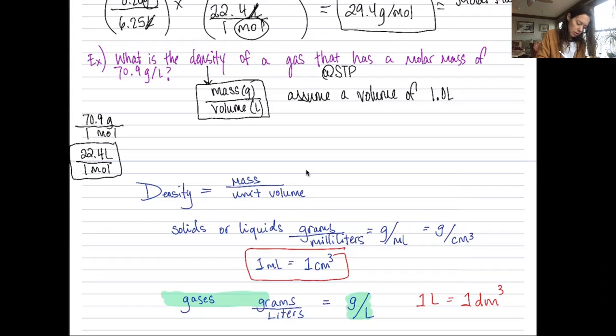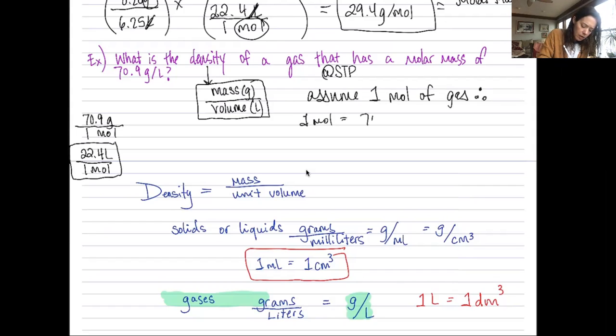Actually, let's assume that we have 1 mole of gas. Because 1 mole equals 70.9 grams, and 1 mole equals 22.4 liters.